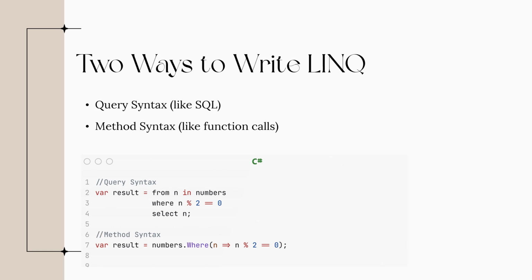So whether you use query syntax or method syntax, LINQ makes working with databases much easier and safer. And the best part, you don't have to switch between SQL and C#, and everything stays in one language.